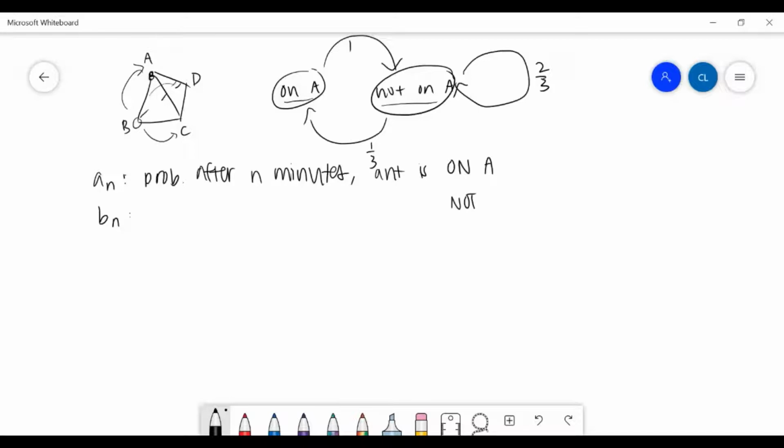So all of this gets copied over. Okay, yeah, so given this, we're asking for what A_4 is equal to.